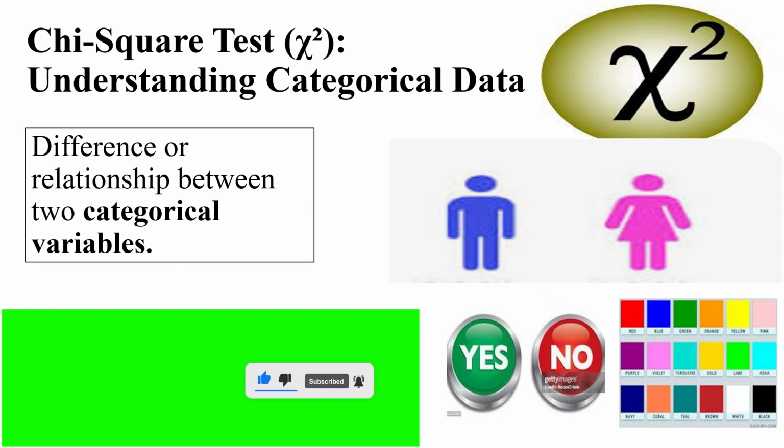For example, it can answer questions like, is there an association between gender and voting preference? Or does color preference differ significantly among different age groups? In short, the chi-square test is a powerful tool in statistics for analyzing patterns and relationships in categorical data.